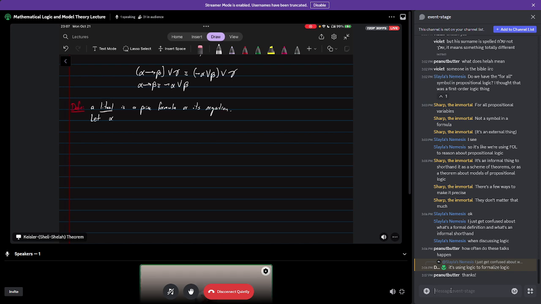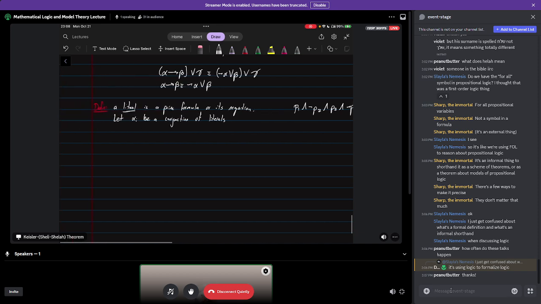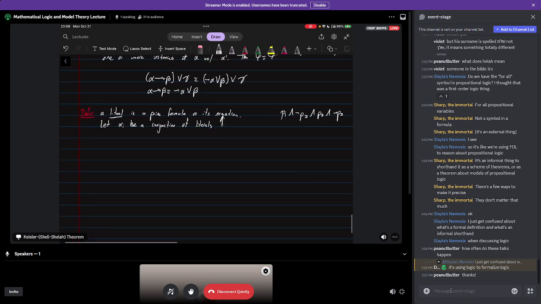Let alpha i be a conjunction of literals. So, for example, P1 and not P2 and P3 and not P3. That would be an alpha i for i equals 1 through n.